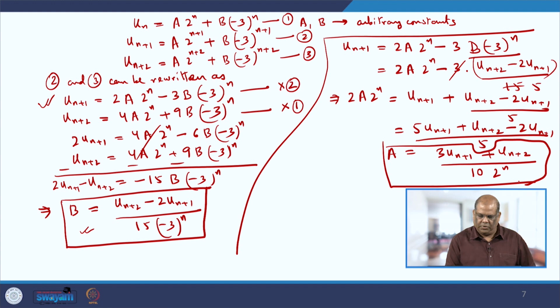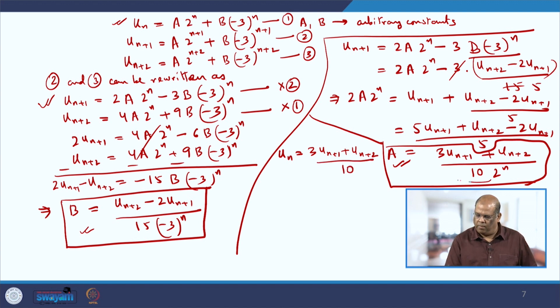So, now I have to substitute this value of a and this value of b in equation 1 to get the required difference equation. And if I do that, I will get u_n equal to, so a into 2^n, that will give me (3u_{n+1} + u_{n+2}) divided by 10.